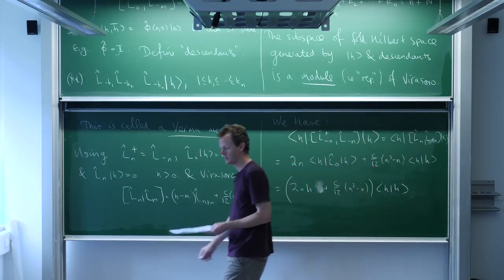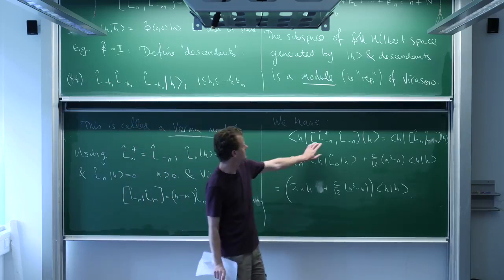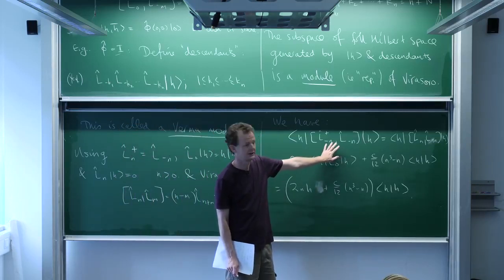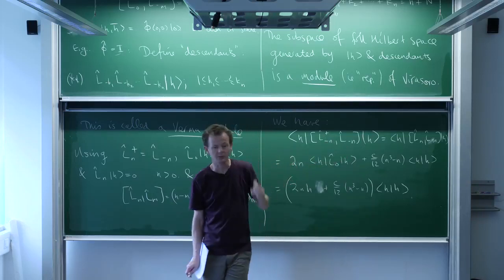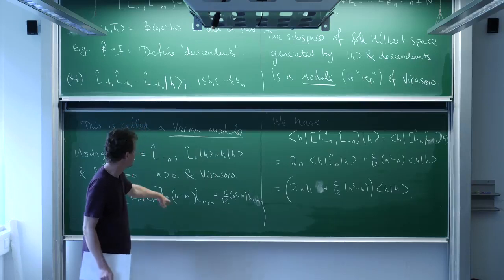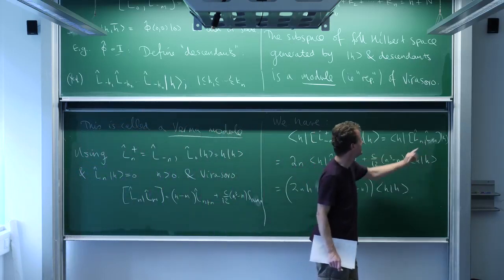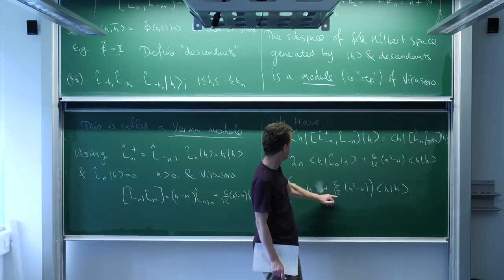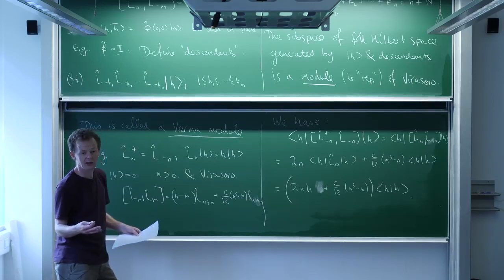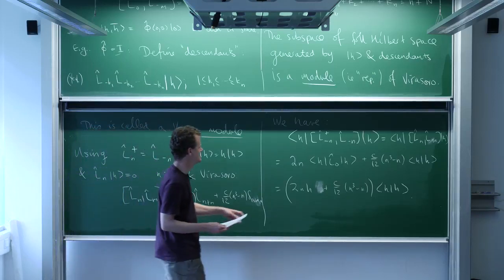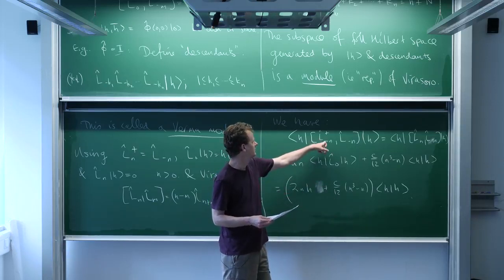So here we've learned something quite important. We can compute this combination here, L dagger minus n, L minus n. First we take the adjoint, apply the Virasoro algebra, and then we get this expression here. Now, as n becomes very, very large, this thing here is positive, right?